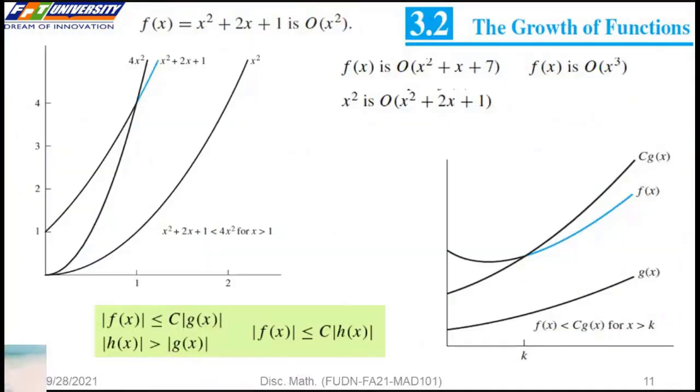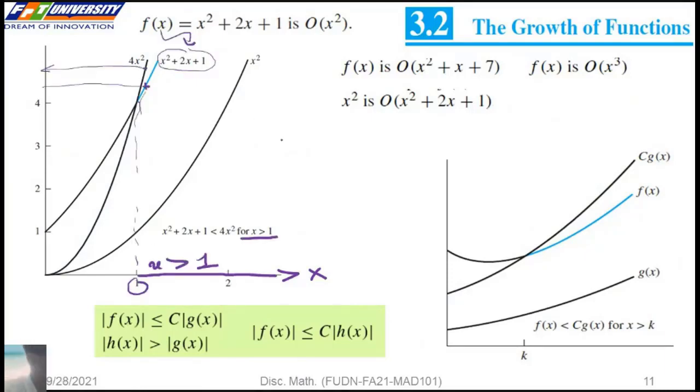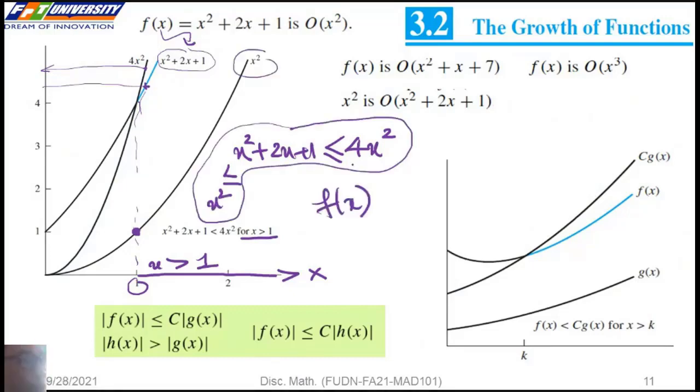Here, as we can see in the figure, for n greater than 1, we have 4 times n squared greater than or equal to f of n. We can see c, so we can say f of n is big O of n squared.